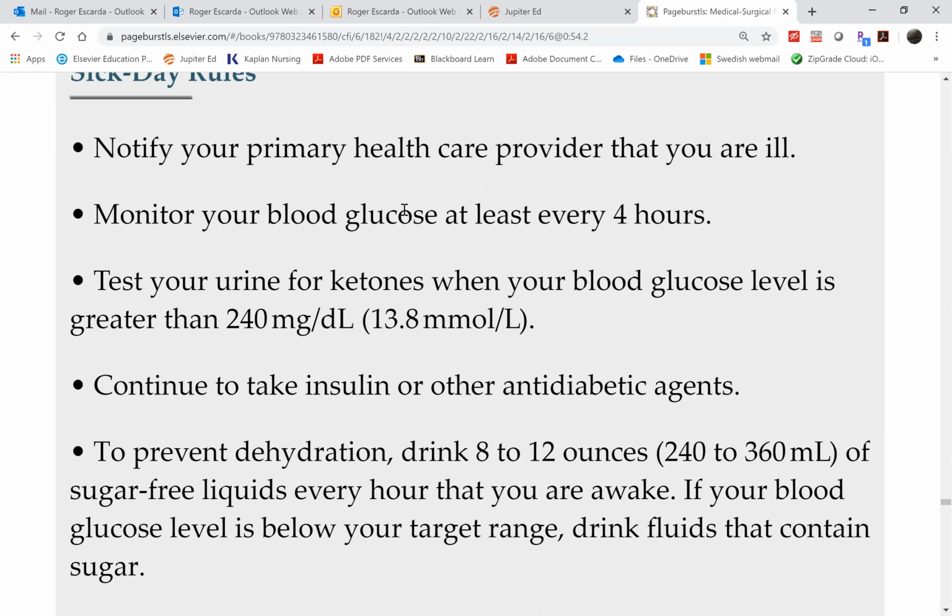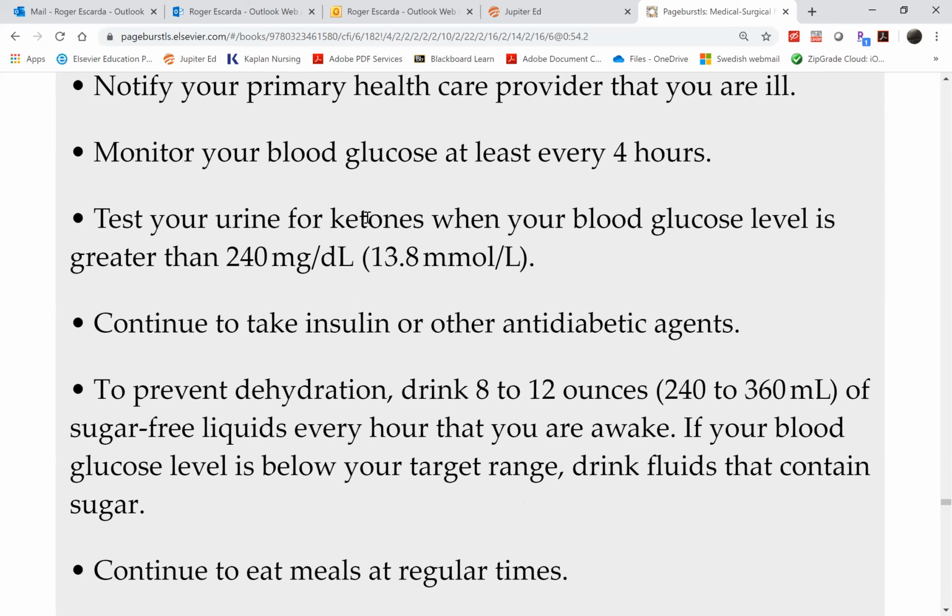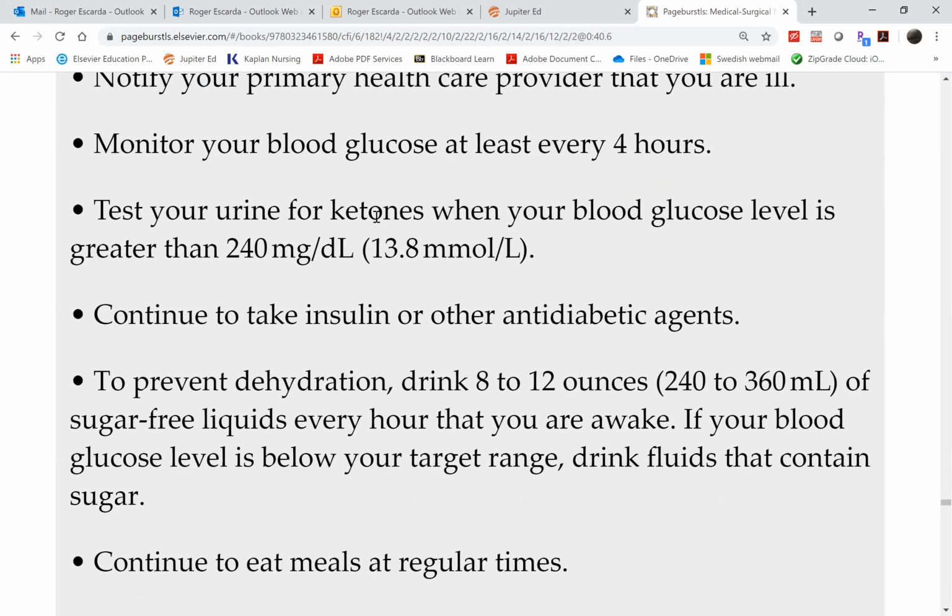You continue monitoring your blood glucose, maybe a little bit more frequently than you used to. Let's say if you're only used to taking your sugar 4 times a day or 3 times a day, maybe increase it to up to 6 times a day now. Test your urine for ketones. We no longer are dependent on the laboratory to test for ketones.